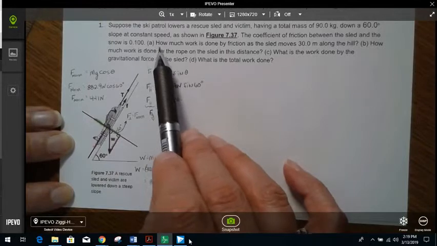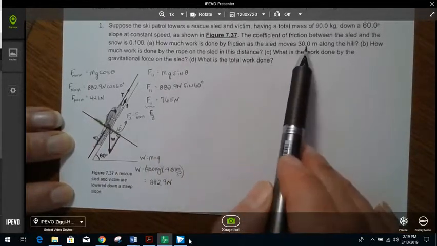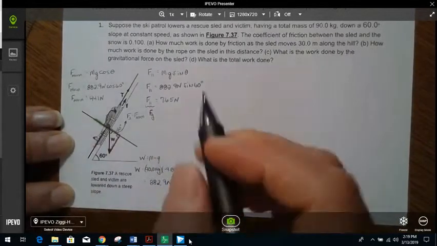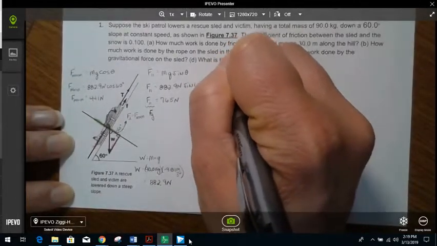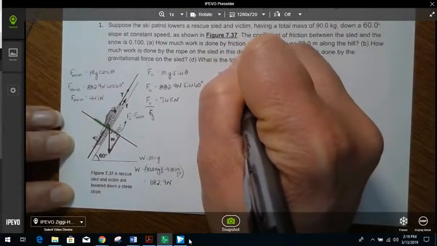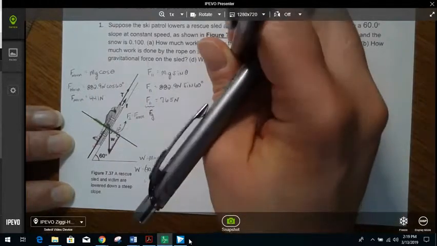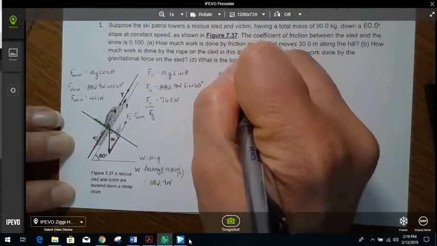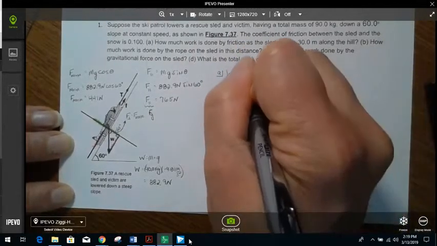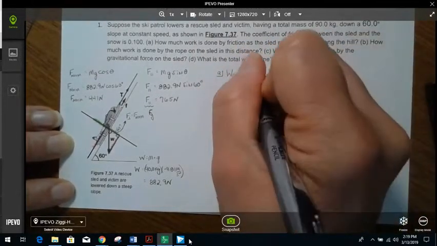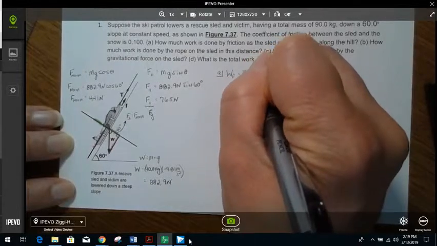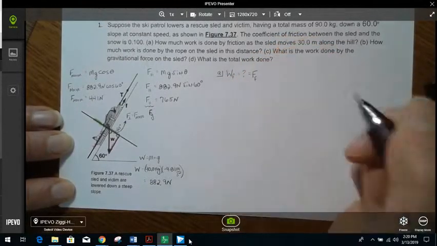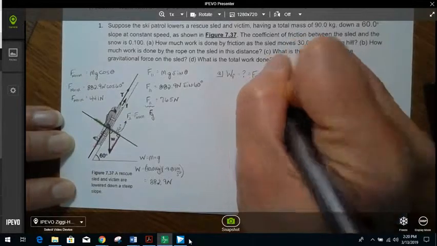So A says, how much work is done by friction as the sled moves 30 meters along the hill? A says, what is the work done by friction? Well, we know work is force times distance, so the work done by friction will be the frictional force times the distance.